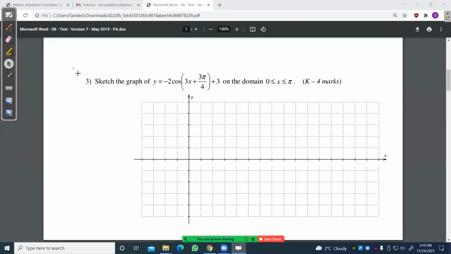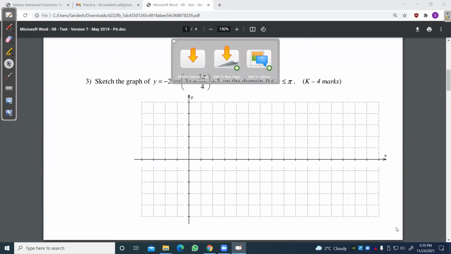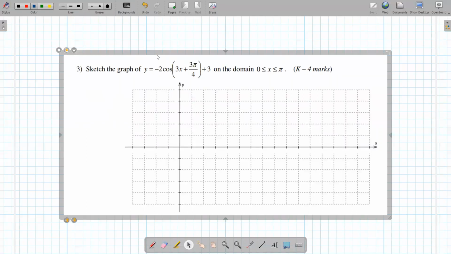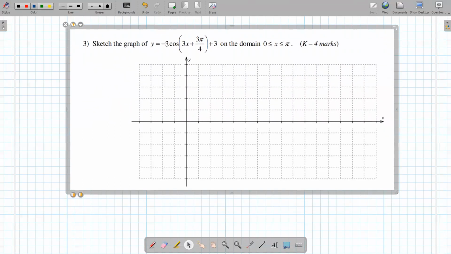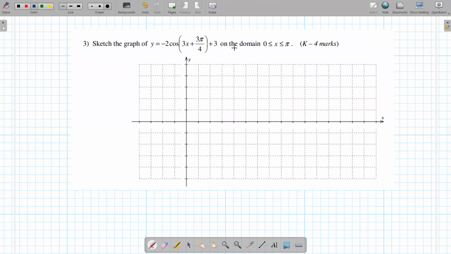So this one. Sketch the graph of this on the domain. Step 1, if you notice, the phase shift is not in the right form, okay? Do you see that? What's the phase shift here? We need to factor this down.